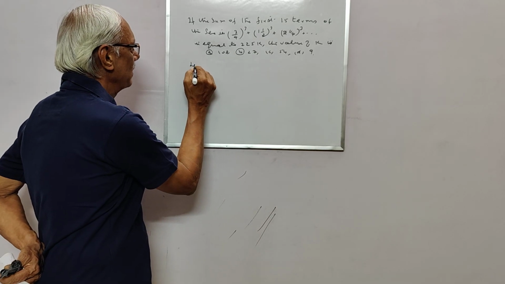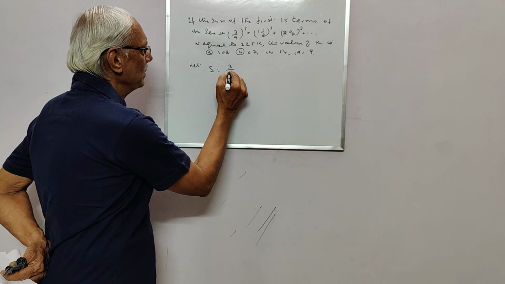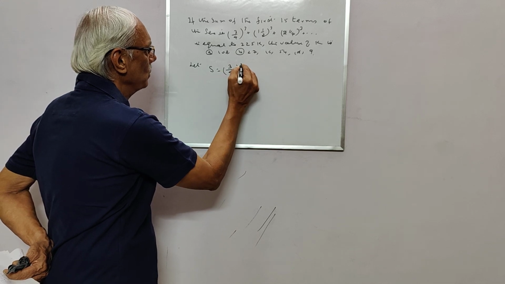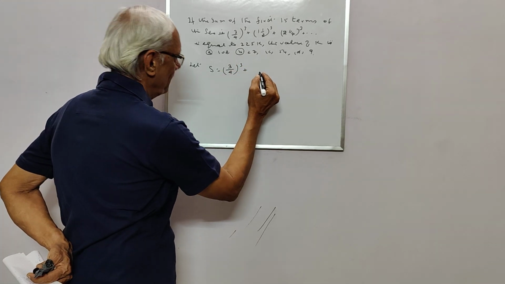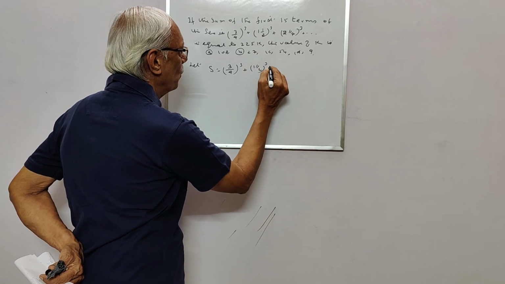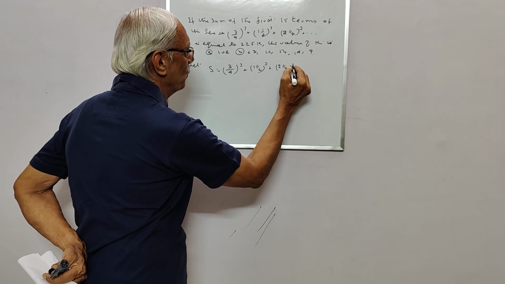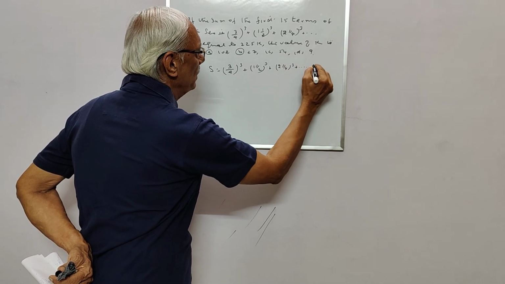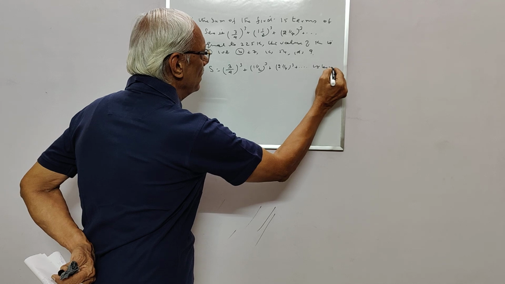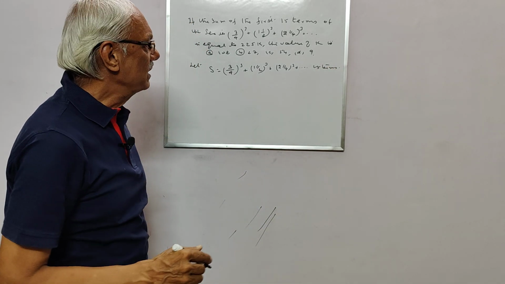See, let S be equal to (3/4)³ plus (1.5)³ plus (2 1/4)³. You are going to write up to 15 terms only. This is going up to 15 terms.